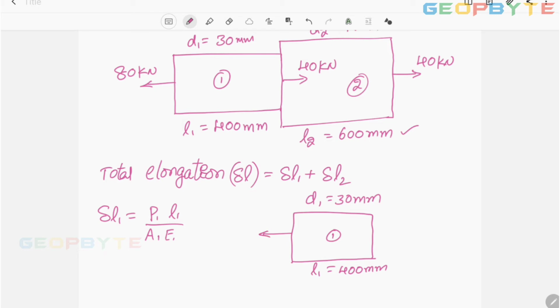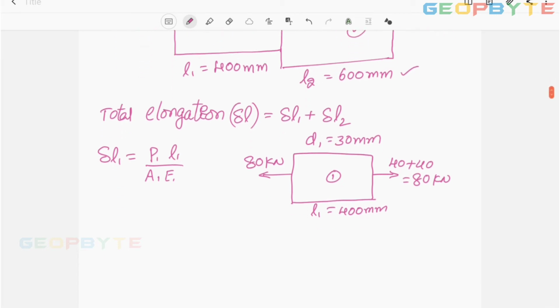The load at the left end is 80 kilonewtons. In the right end, at this end 40 plus other end also 40 plus 40 equal to, this is 40 and this is another 40, total is 80 kilonewtons. That means if one end is subjected to a load, the other end should be subjected to the same load.